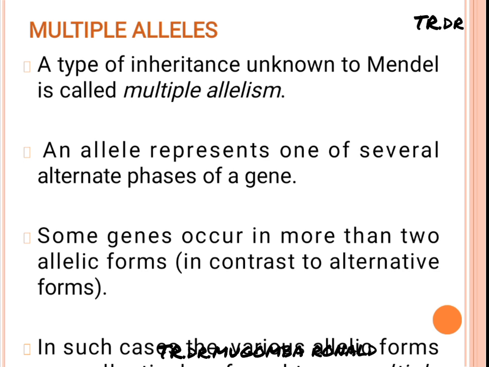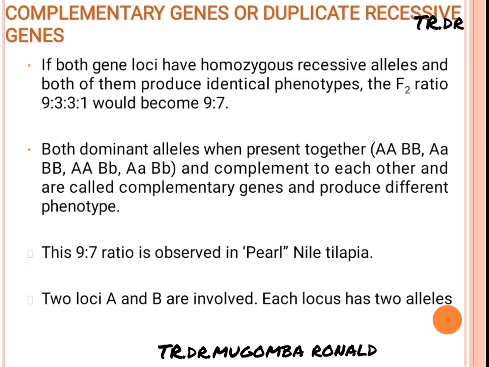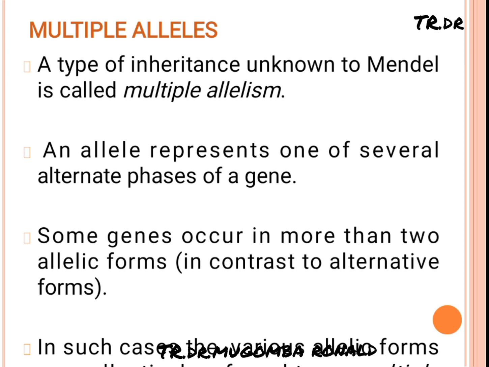But at any given time at the locus, you will only have two different forms, never more than two. Examples of multiple alleles are inheritance of fur color in rabbits and inheritance of blood groups.